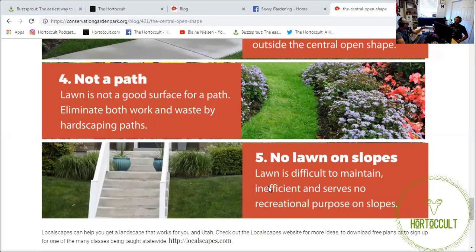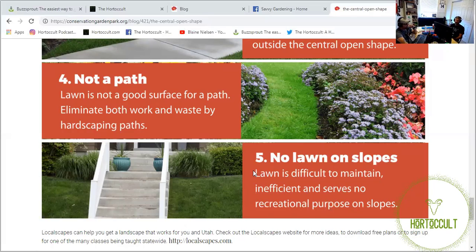But anything other than that, you're not using it for anything. There's no real purpose for this other than the only people that are on this grass in this picture are the people mowing it. Yeah, exactly. So the mowing would just be a nightmare, and aerating, good night. It serves no recreational purpose.